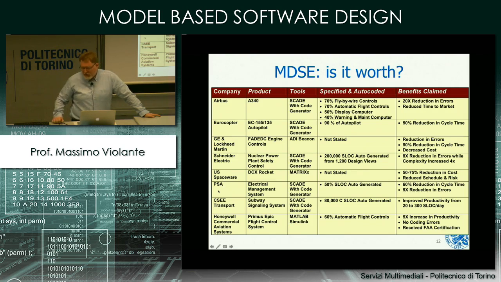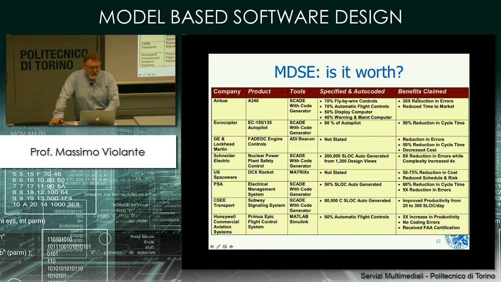PSA is Peugeot Citroën. So this is a company dealing with automotive. Well, 50% of the electrical management system of the vehicle is totally model-driven. So they generate the model and then they automatically generate the code out of the model.